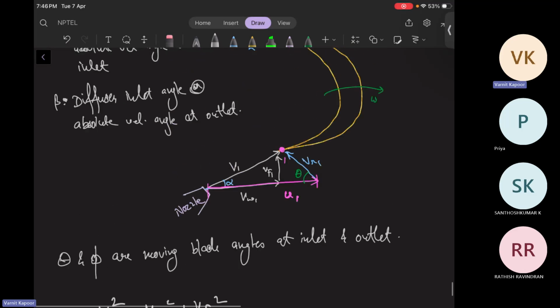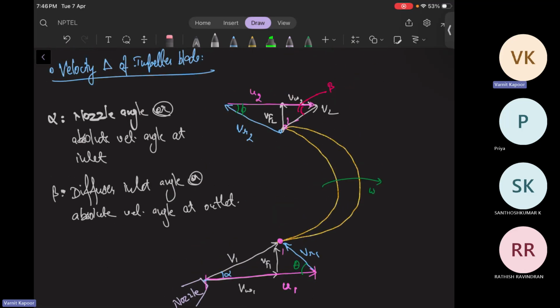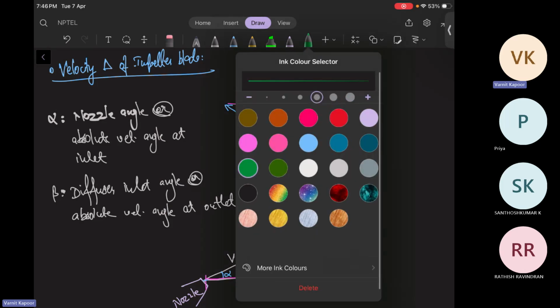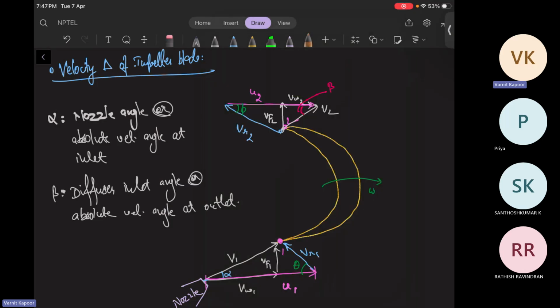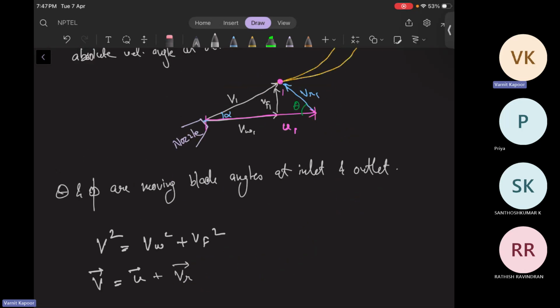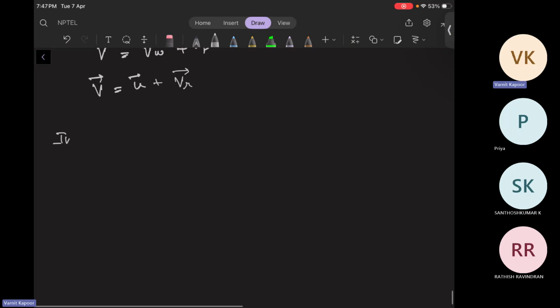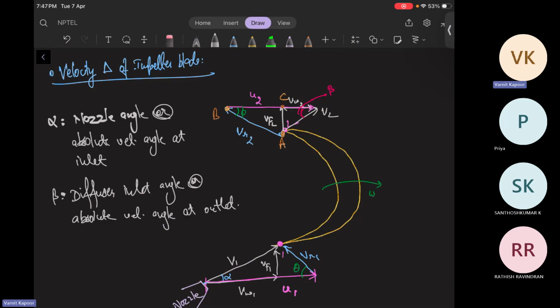Now let us see the triangle ABC. Let me make a triangle ABC for you. This is A, this is B, and this is C. In triangle ABC, from Pythagoras law, you can say AB square is equal to AC square plus BC square.